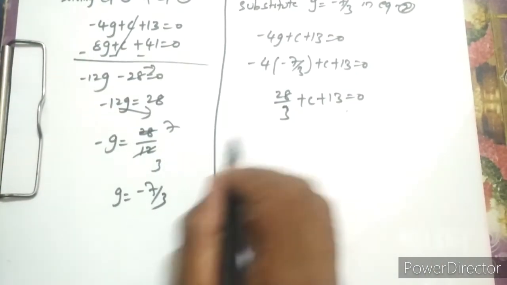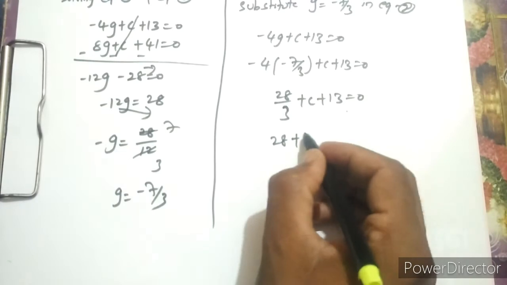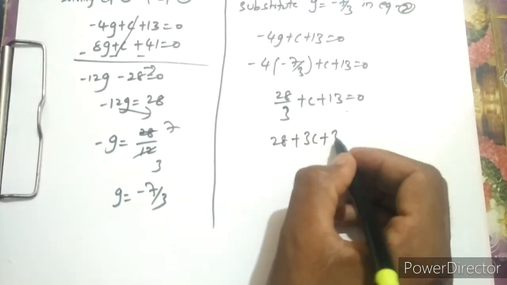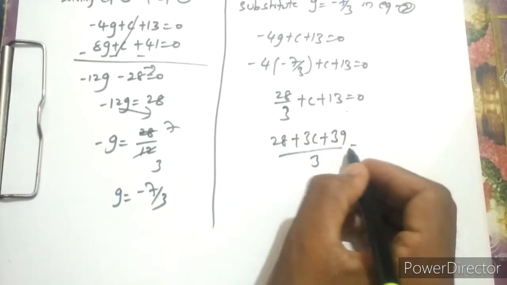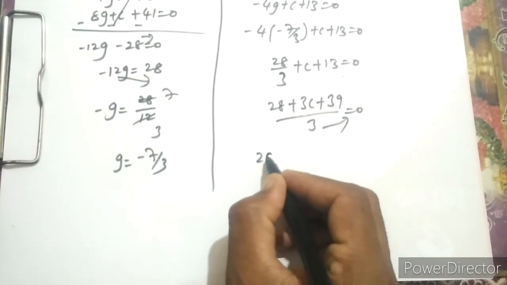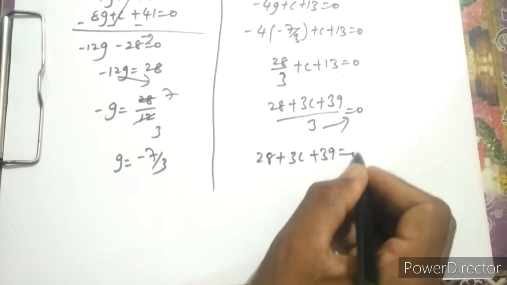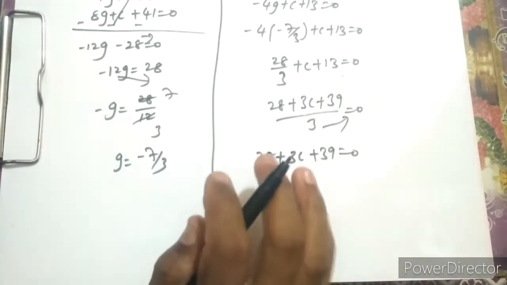Doing cross multiplication, 28 plus 3c plus 39 is equal to 0.